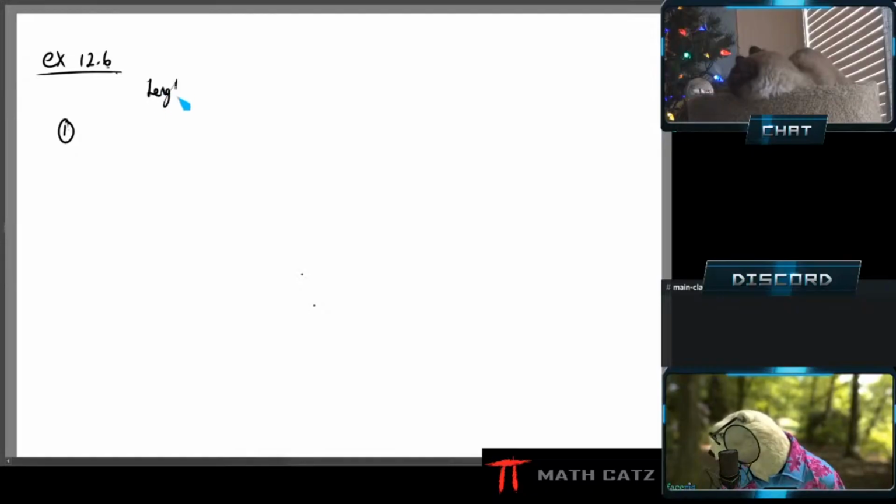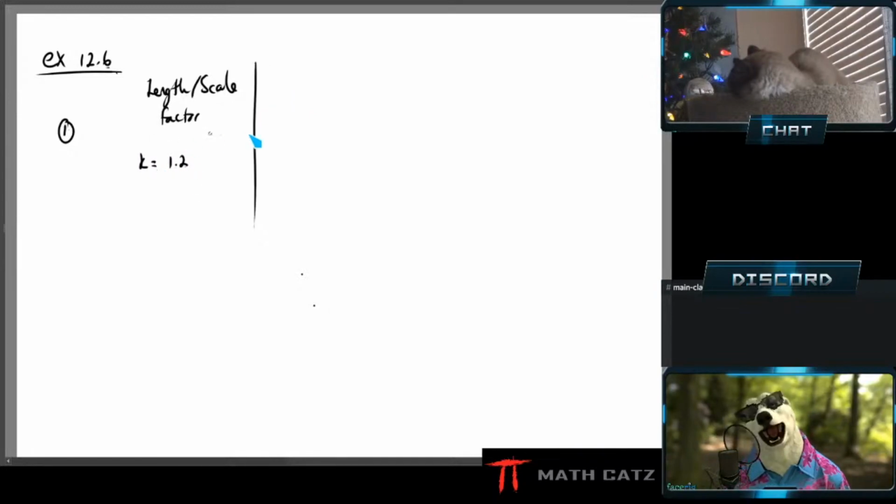We have the length or scale factor. In this case, they give me that, and that is what I will call k. Then I need to find all the other things. Now, I don't have to do it in this order. The percentage change I can interpret from the scale factor.